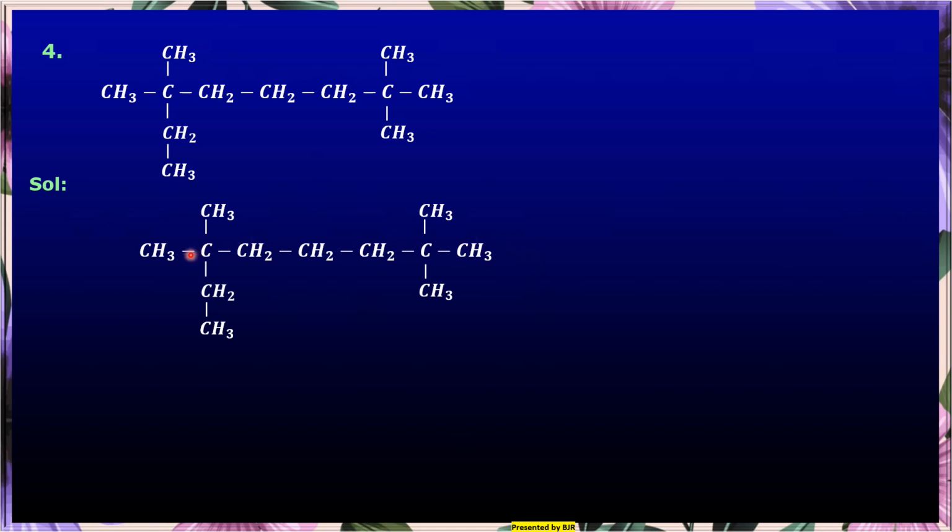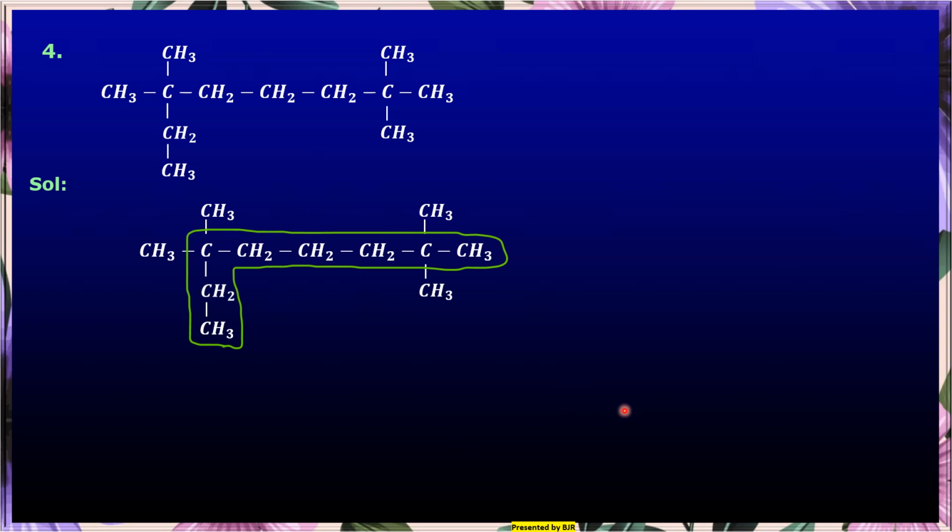If I select this one as the parent chain, then we have 1, 2, 3, 4, 5, 6, 7, 8 carbon atoms. Only 7 are there. So this is the wrong selection of parent chain. Now I am going to select this as the parent chain. So in this 8 carbon atoms are there. 1, 2, 3, 4, 5, 6, 7, 8.